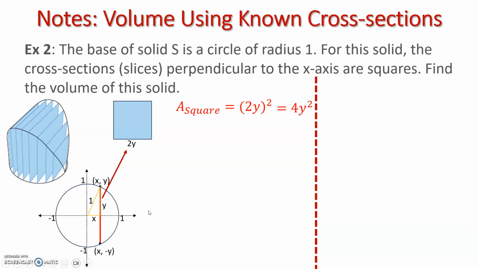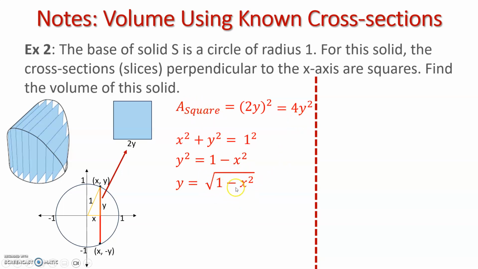So we know that x squared plus y squared is 1 squared, or y squared is 1 minus x squared, or y is the square root of 1 minus x squared. Now, using this information, we're able to rewrite our area function in terms of x.